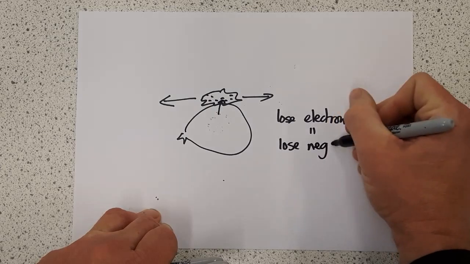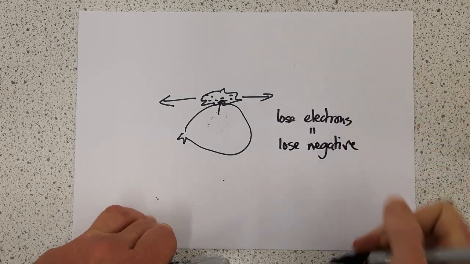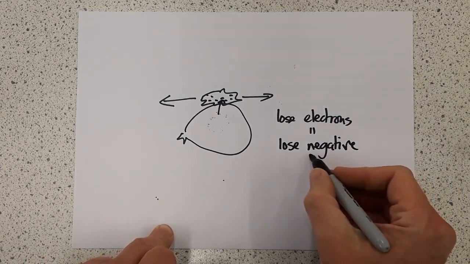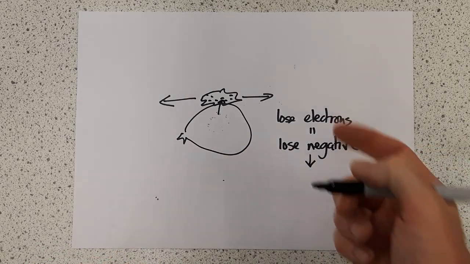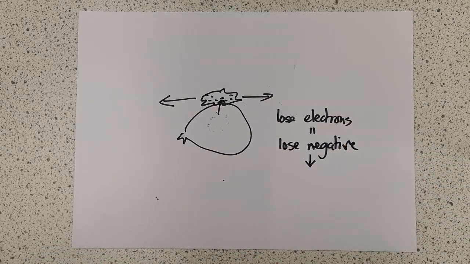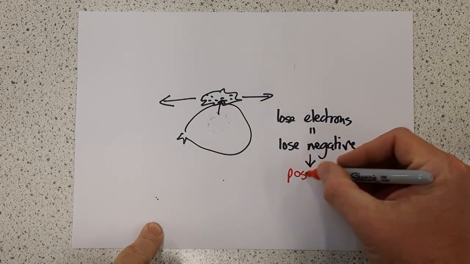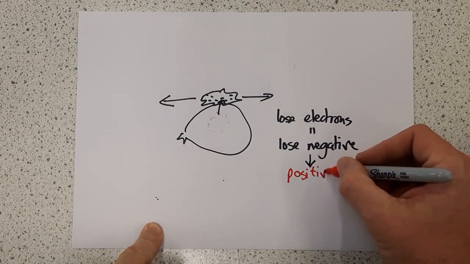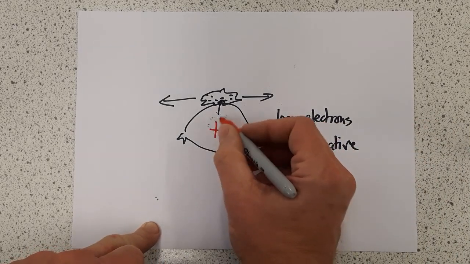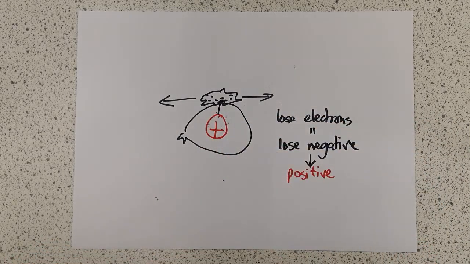And if you're losing negative charge, then what you've got left over is an excess of positive. So if you lose electrons, you lose negative charge, which means you gain a charge which is positive. So the balloon might become positively charged if it loses its electrons.